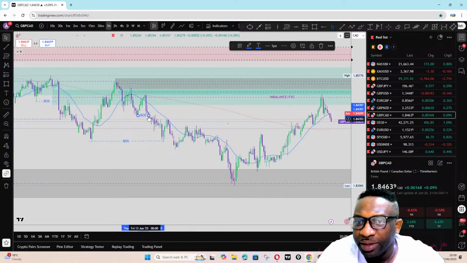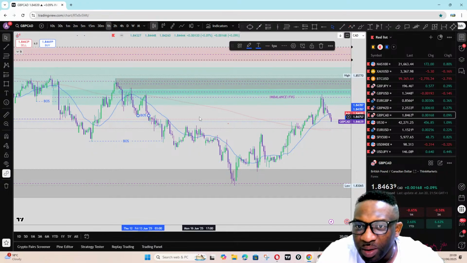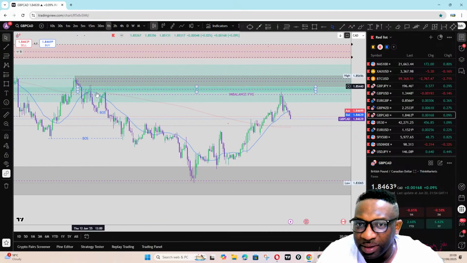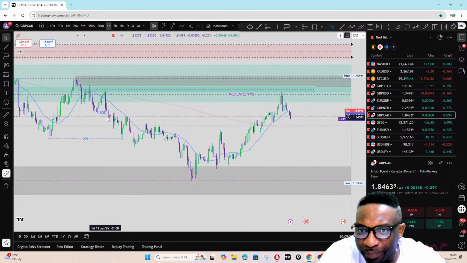Break of structure here. The origin falls within the area of interest on the higher time frame we marked. So we would say it's the same area we've been looking at before.